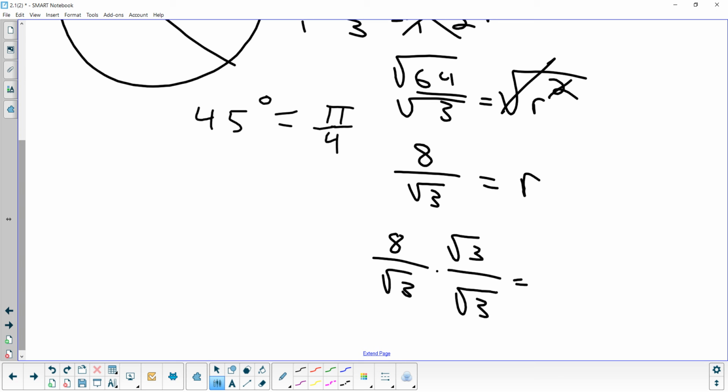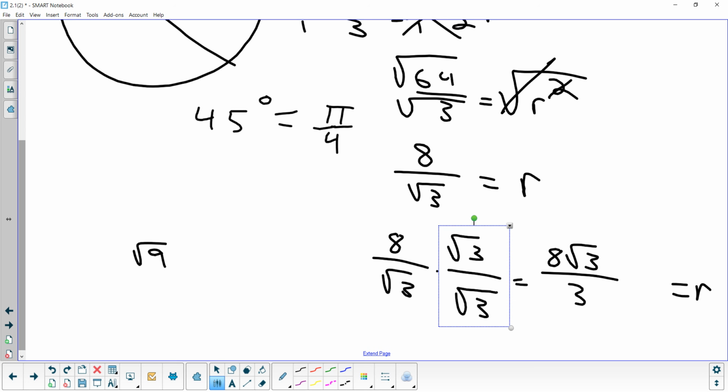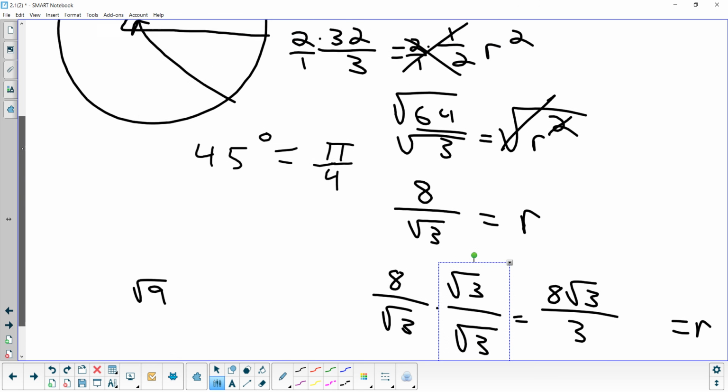So in the top, you have 8 times the square root of 3. And in the bottom, the square root of 3 times the square root of 3, that's the square root of 9. Which is how much? 3. And that is your radius.